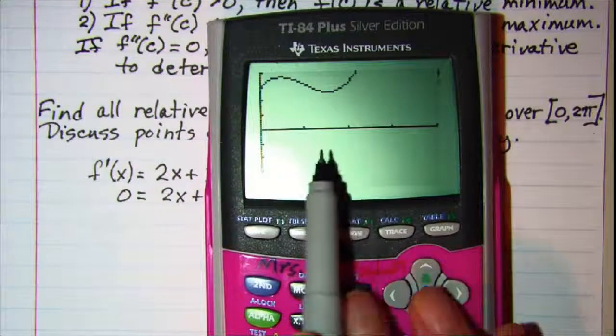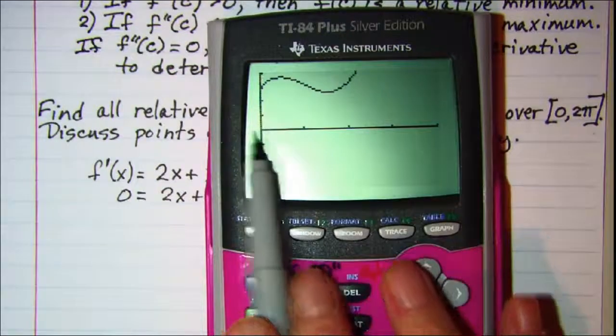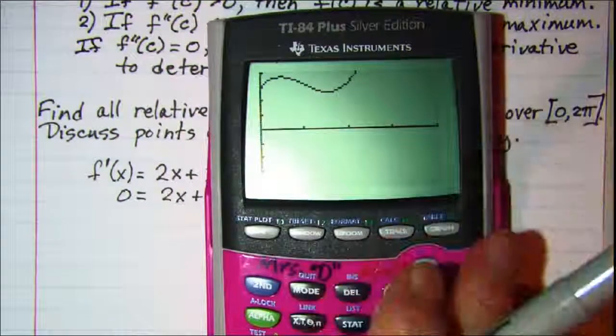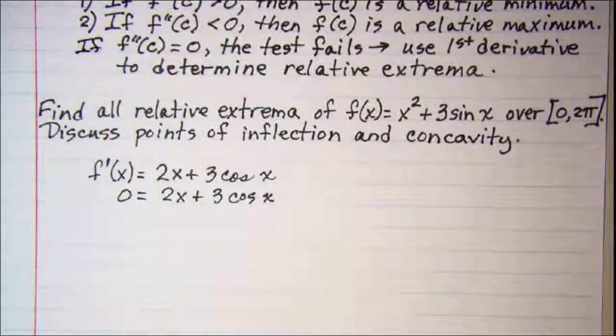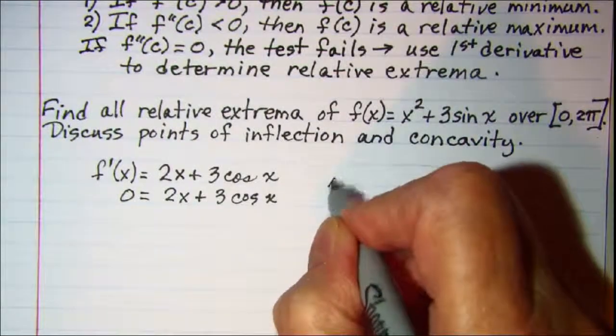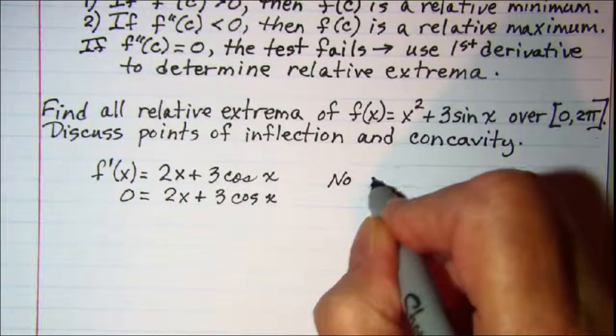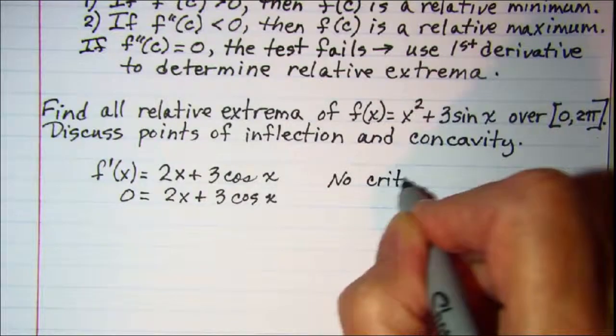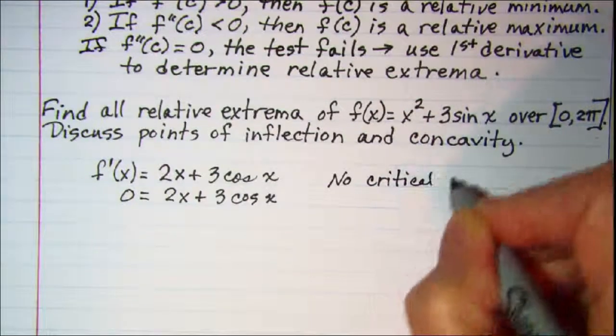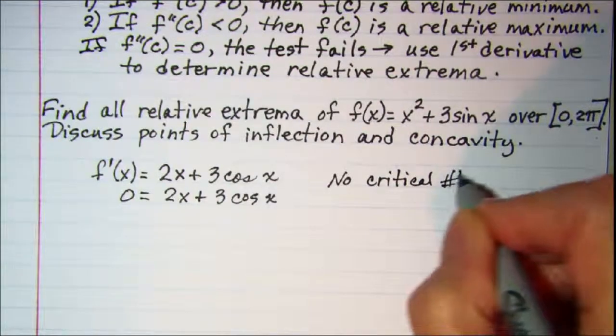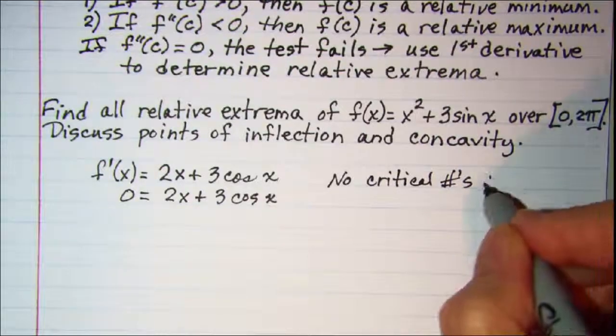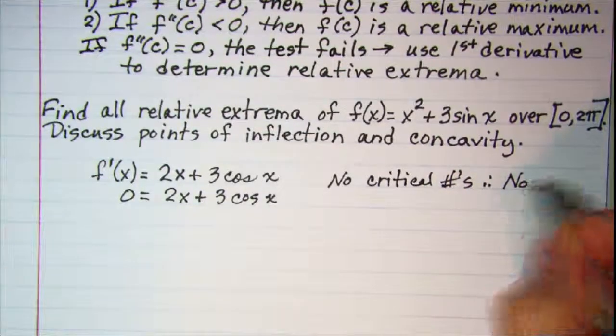Alright, so we can see that from 0 to 2 pi we have no zeros, which means that we have no critical numbers, therefore no extrema.